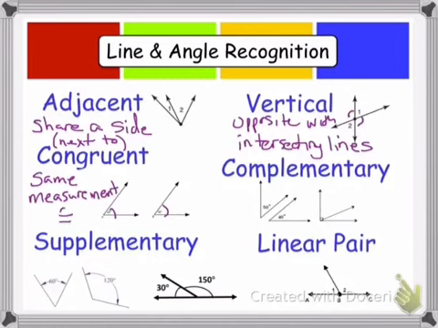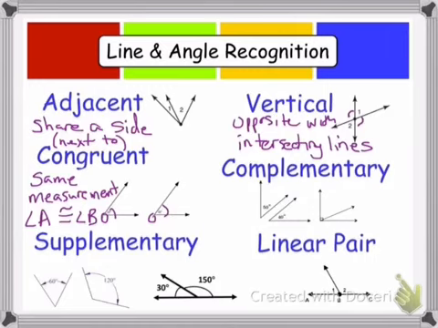Remember, we use our congruent symbol. This would be angle A is congruent to angle B. I'm sure you can't see those letters, but this vertex is A and this vertex is B. Angle A is congruent to angle B. Just like we had those congruency statements with segments, we can do them with angles as well.